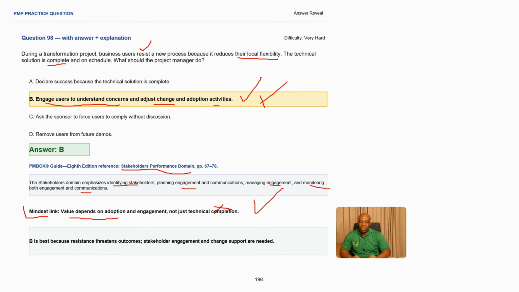So if you want to know that you are producing value in a project, it must be adopted and accepted by the users, not resisted by the users, making B the best answer in this situation. Because resistance threatens outcomes, stakeholder engagement and change support are needed always. So making B the best answer.